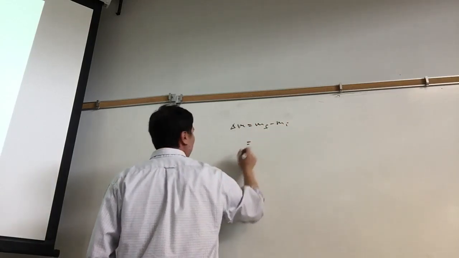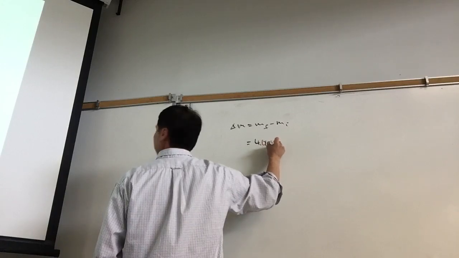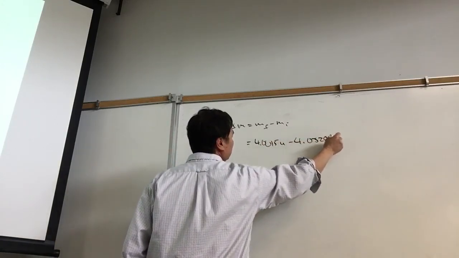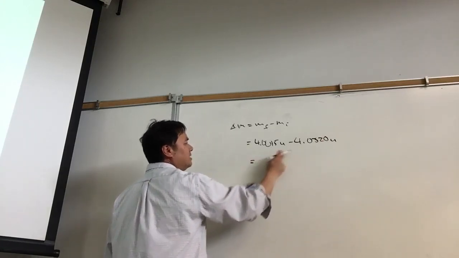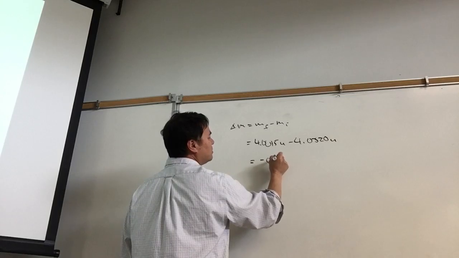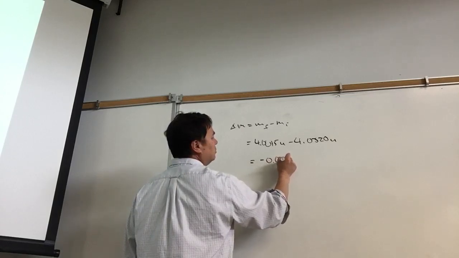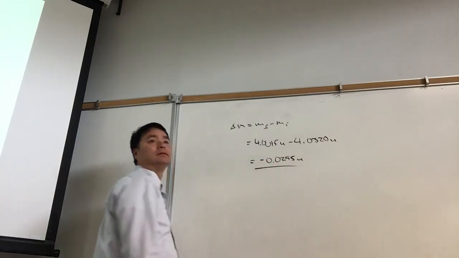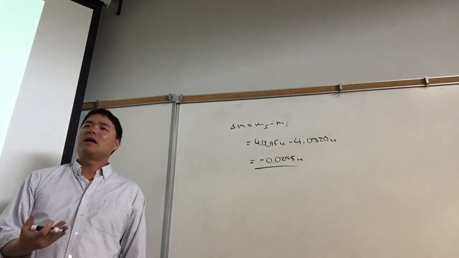The final mass is 4.0015 U minus the initial mass 4.0320 U. And so the mass defect here is, we lost, minus 0.0295 U. Is that correct? So we've lost this much mass.